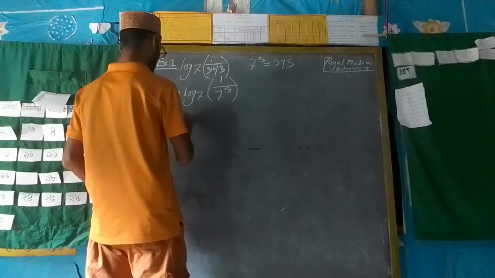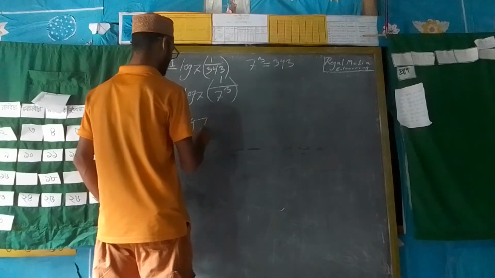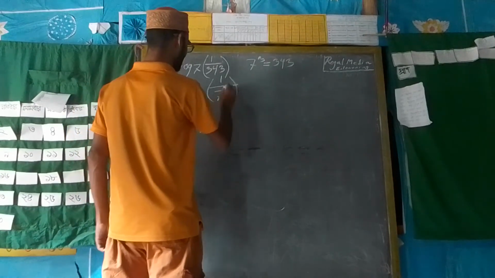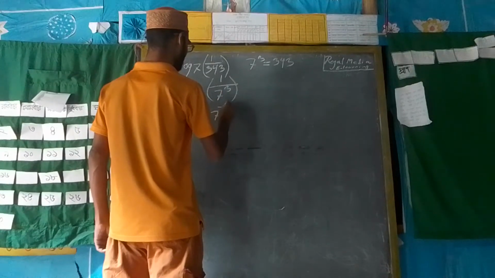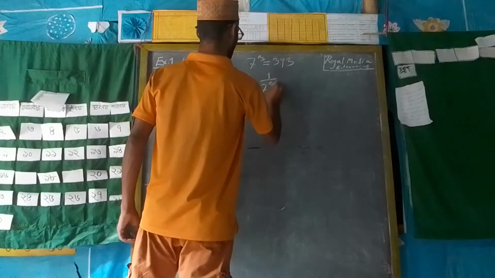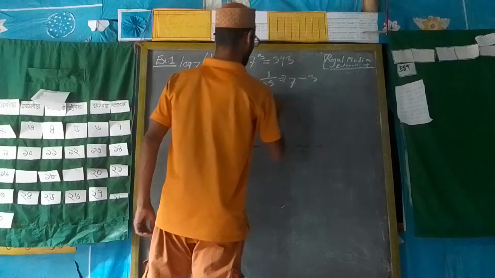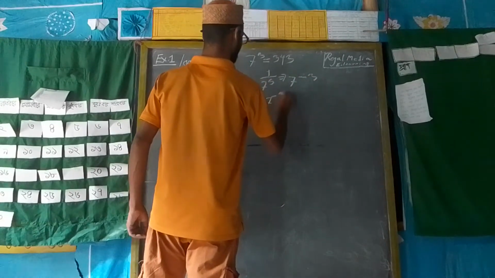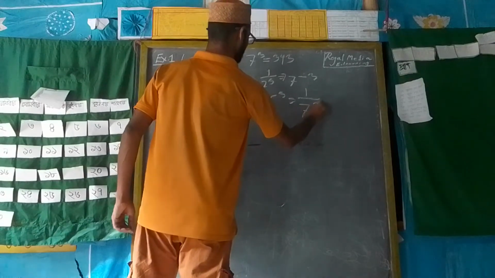Now log base 7 of 7 minus 3. Here we may write 1 by 7 cube as 7 minus 3. That is, 7 minus 3 equals 1 by 7 cube.